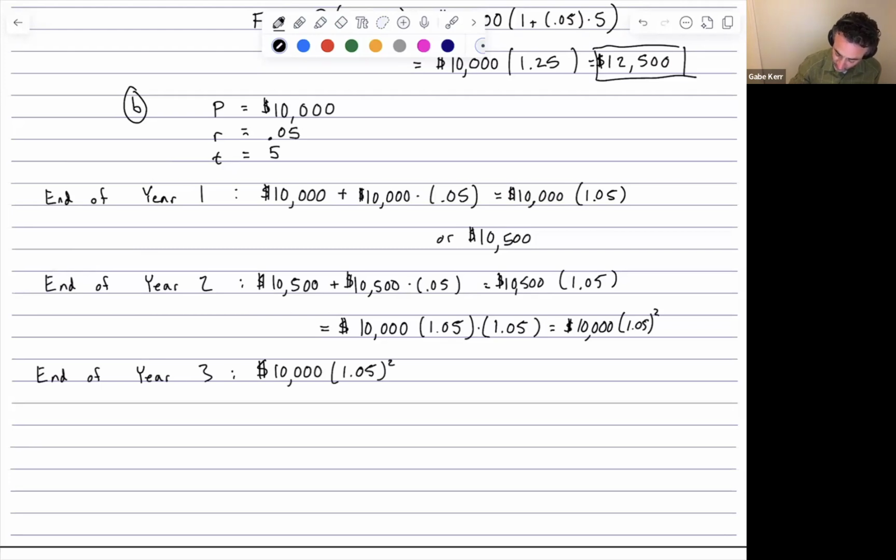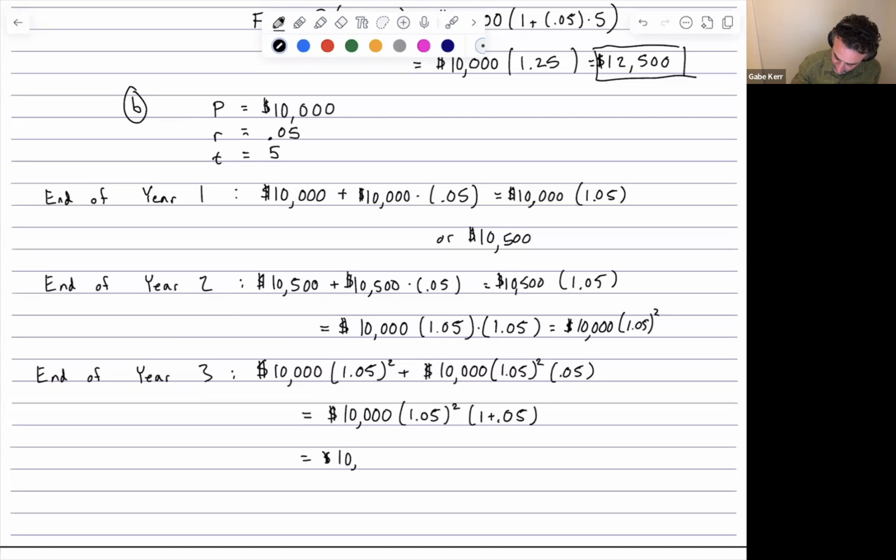That's the balance at the end of year 2, plus the balance at the end of year 2 times the interest rate of 0.05. So this is the additional interest from year 2. But again, we can take this quantity here and here, and we can pull it out. So we get 10,000 times 1.05 squared times 1 plus 0.05.